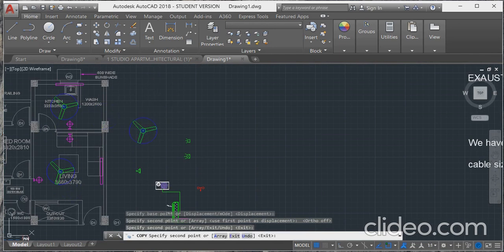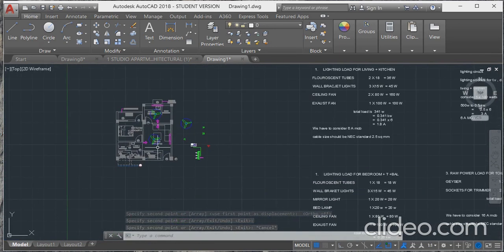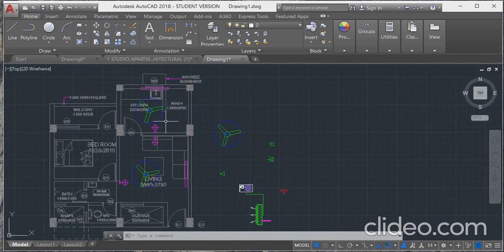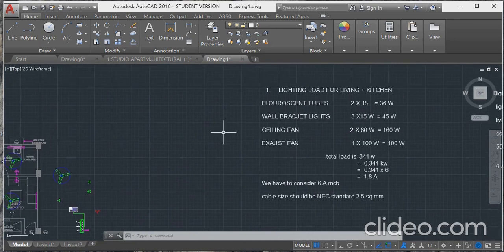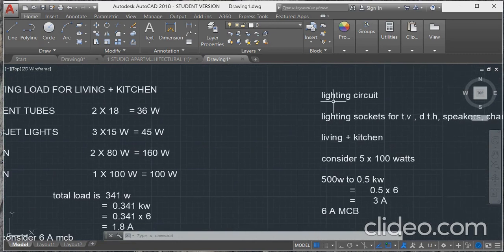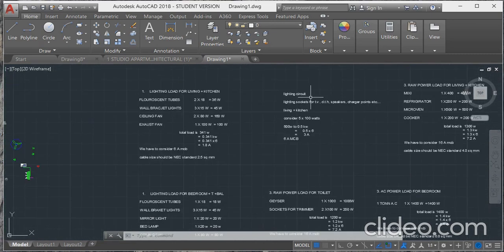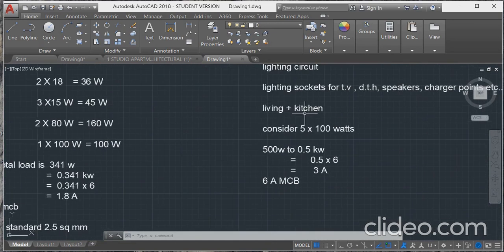Now the second one is the lighting circuit for TV, DTH, speakers, chargers, points, etc. in the living room and kitchen. Living plus kitchen: consider 5 into 100 watts, we will get 500 watts. 0.5 multiplied by 6 amps, we will get 3. For this lighting circuit a 6 amp MCB is selected.